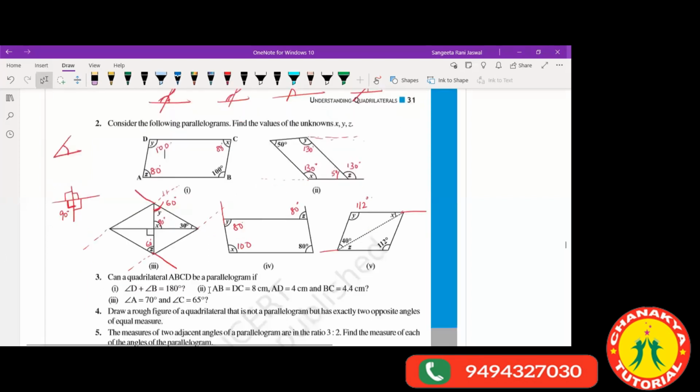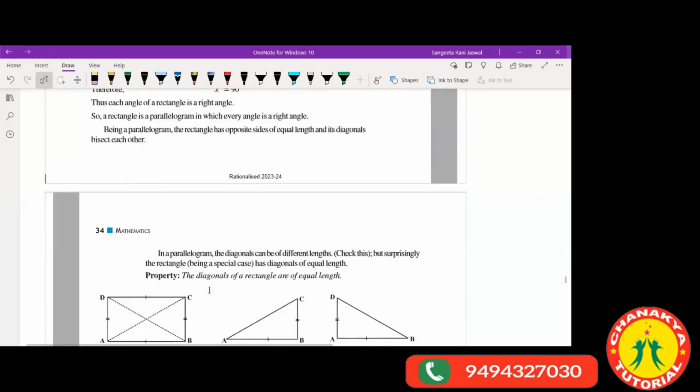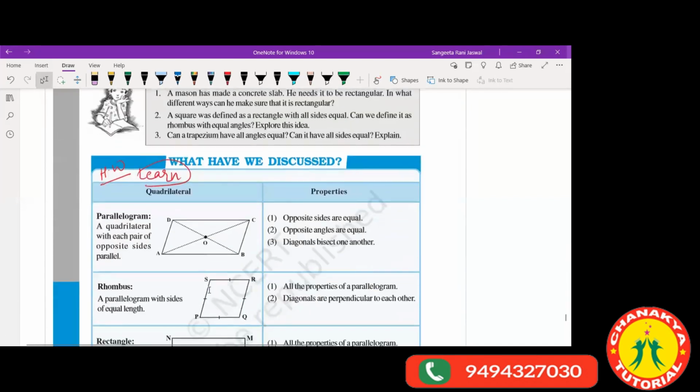I had told you to go through the properties at the very beginning of the chapter when we studied. I had given you this for homework to learn the properties. Opposite sides are equal, opposite angles are equal, diagonals bisect one another.